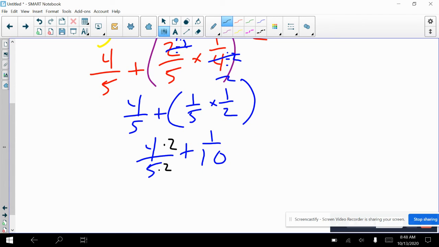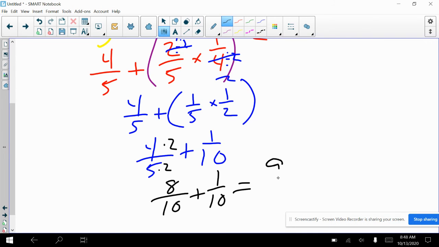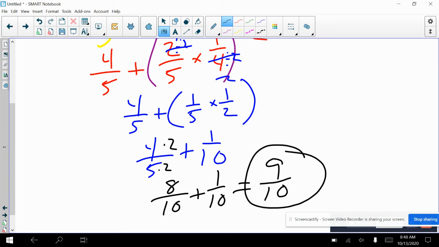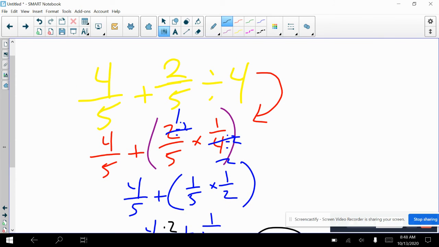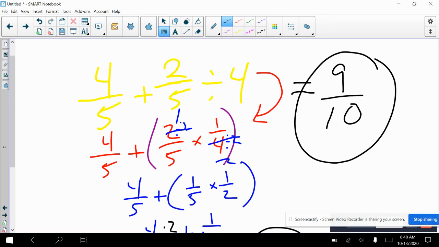Hopefully you pick 10. 8/10 plus 1/10. And now we can add them together and get 9/10. So 4/5 plus 2/5 divided by 4 is 9/10.